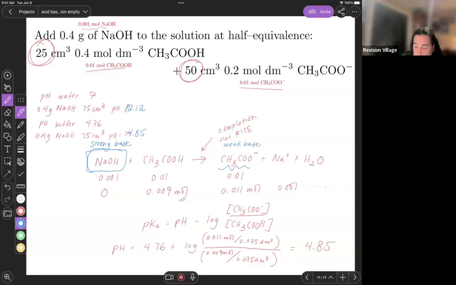So how do buffers work? They take in small amounts of a strong acid or a strong base and convert them into weak acids and weak bases that don't change the pH nearly as much. So the efficiency of a buffer is going to be related to its concentration. If I have an equal amount of ethanoic acid and sodium ethanoate, the pH of my solution will be 4.76.